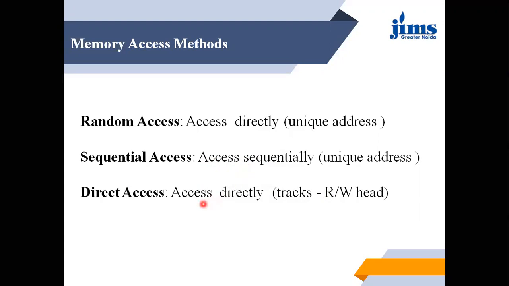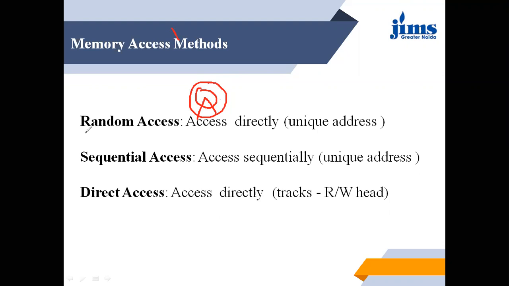Direct access happens generally in the case of secondary memory. We will see the diagram of this later. In direct access, the data is stored in the form of tracks, and there is a read and write head for each and every track.